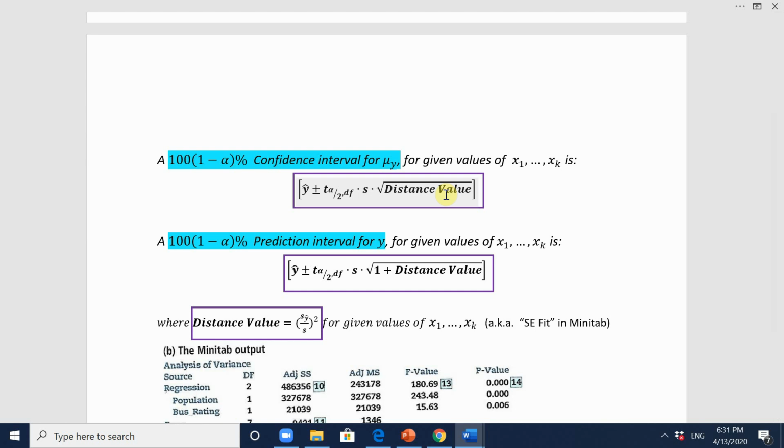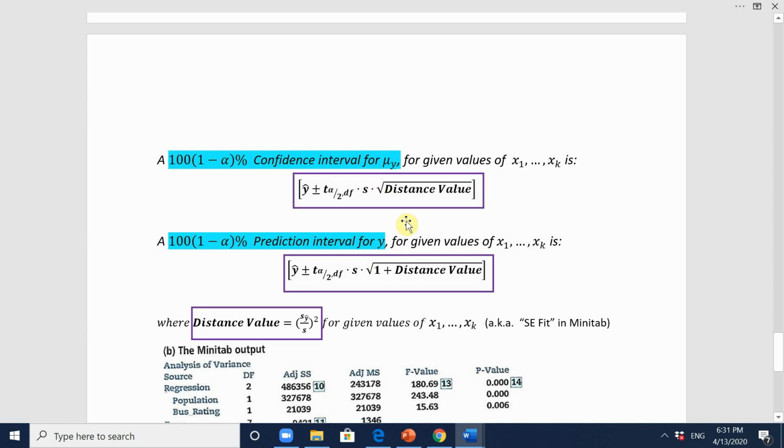But before that, I just want to remind you that the farther this combination of x values is from the center, the larger the distance value is, right? And if you have a very large distance value, this means that you will have a larger margin of error in your confidence interval, or in your prediction interval.